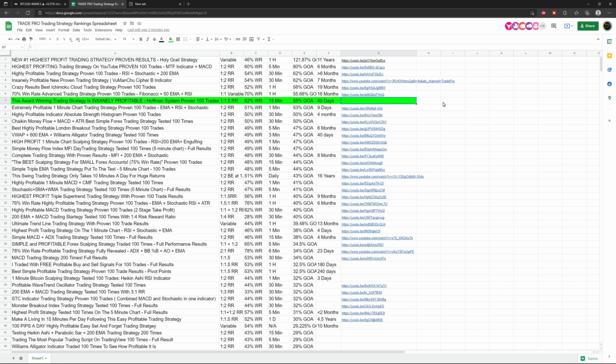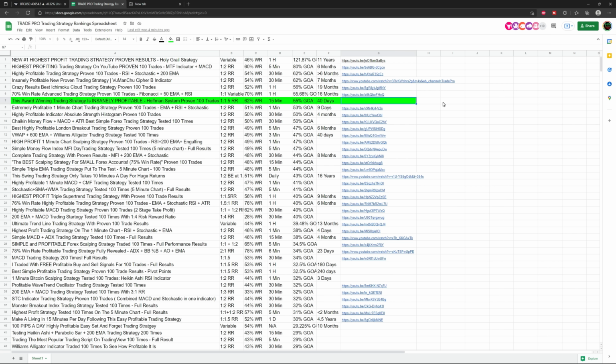I definitely recommend taking this and doing a lot more back testing, forward testing, hop on a paper trading account, trade with this strategy for 3 to 6 months and see what you can get out of it. But it's definitely a worthy contender for you to take a look at and potentially make your trading system as well.